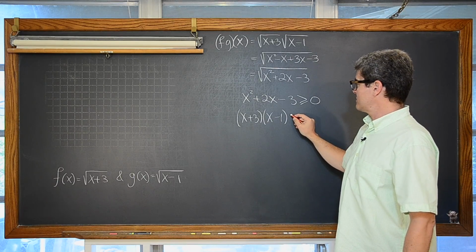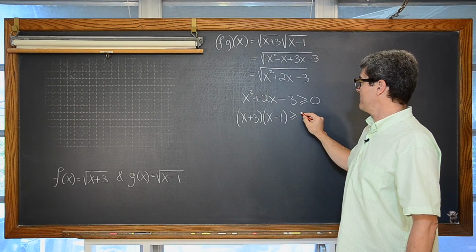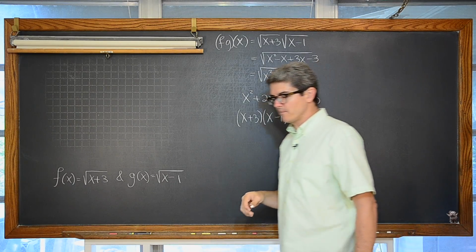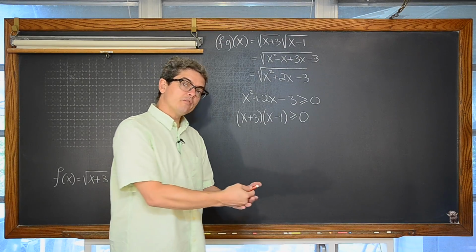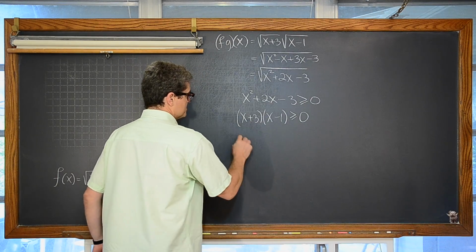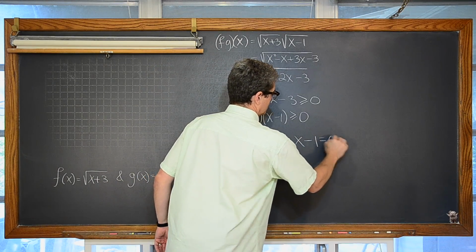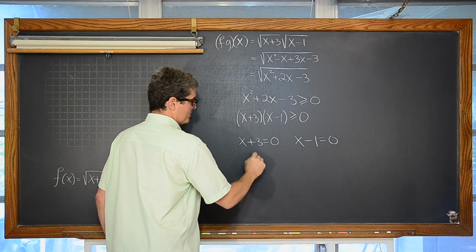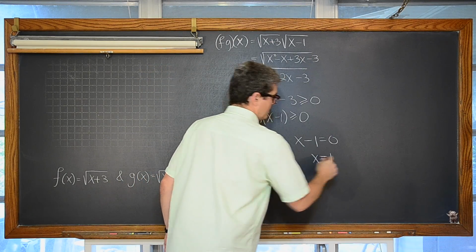And again, that has to remain greater than or equal to 0. Now, if we were just solving a quadratic equation by factoring, we would set each of these factors equal to 0 and solve them, so subtract by 3 and add by 1, and you'd be done.